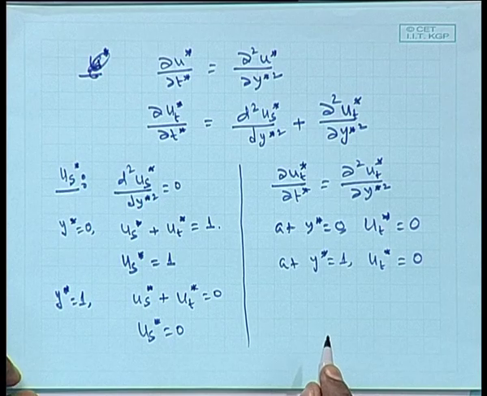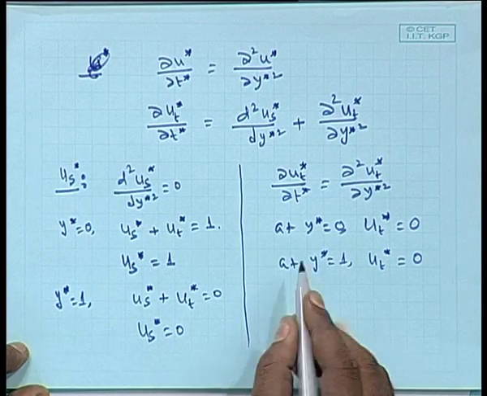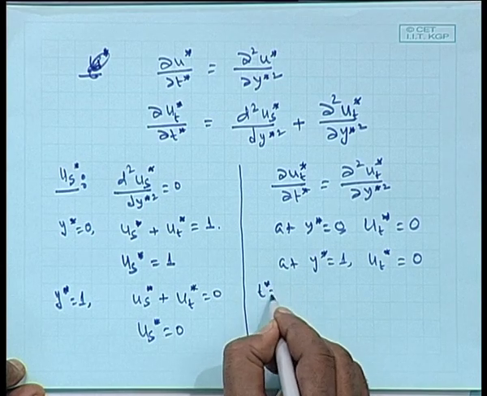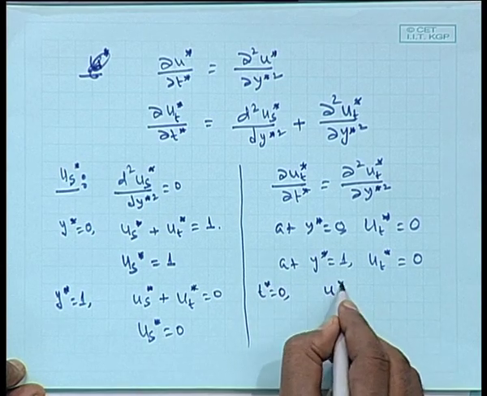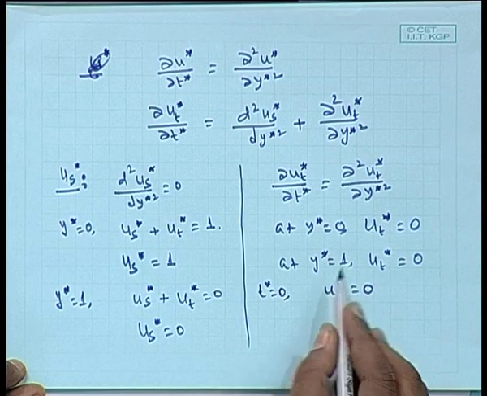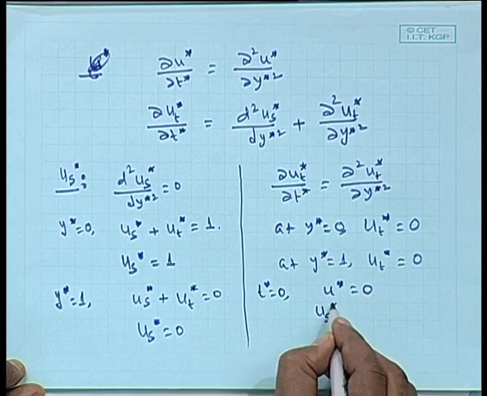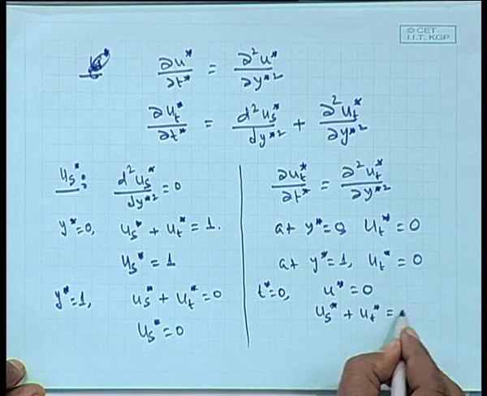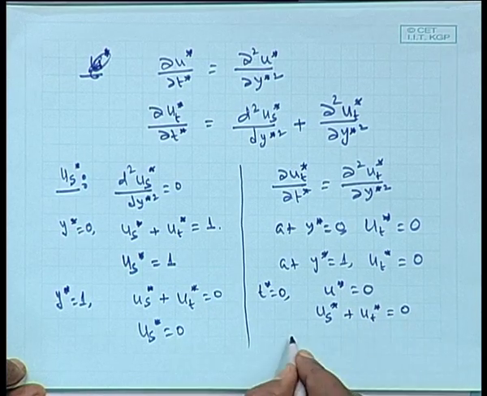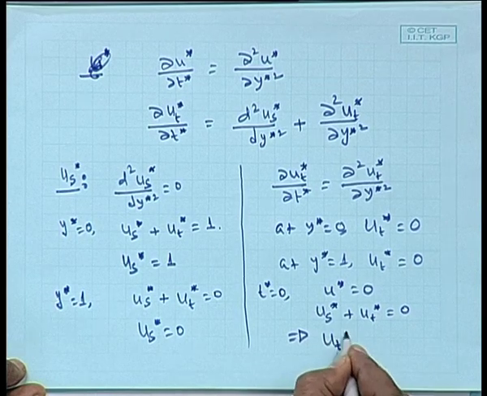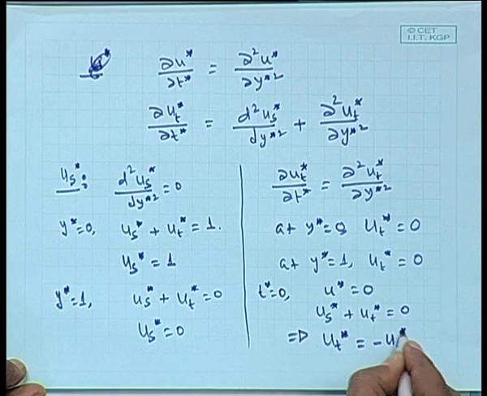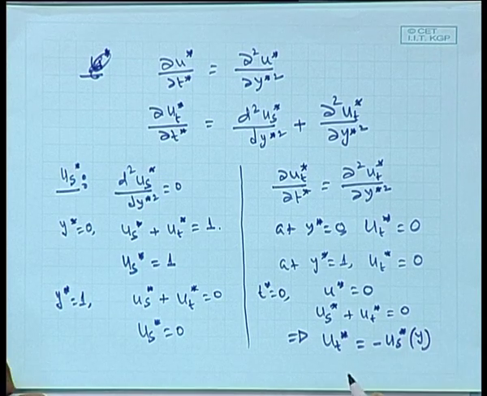Now, what is left is the initial condition. The initial condition was at t star equal to 0, your u star was equal to 0. What is the u star? U star was u s star, which is a function of y, plus u t star, which is a function of y and t. So, u t star at time t equal to 0 is nothing but minus u s star, which will be a function of y alone.